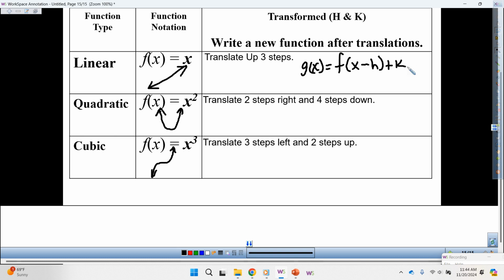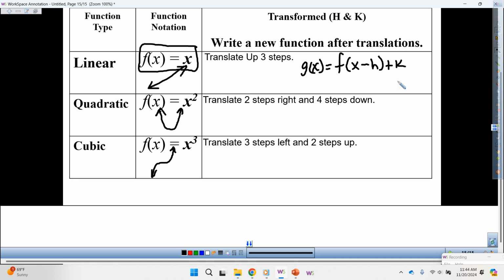All right? So here we go. Question. If we take the original graph f of x and they want us to translate up 3 steps, tell your neighbor which one of these is going to change, the h or the k. Which one's going to change, the h or the k? All right, good conversations. Which one changes, Denise?